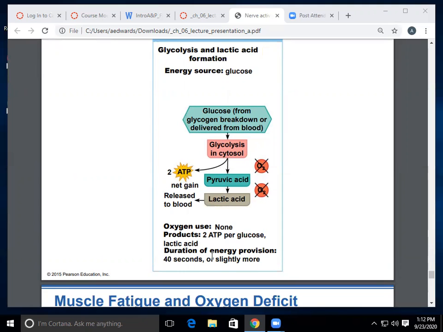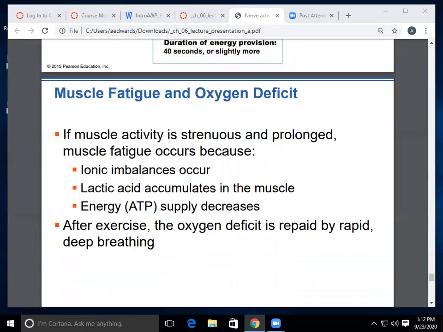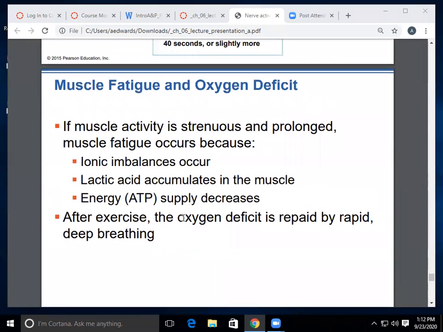It takes about 40 seconds. All right. So let's take a break here, talk about aerobic metabolism, anaerobic metabolism. Okay. Similarities and differences.